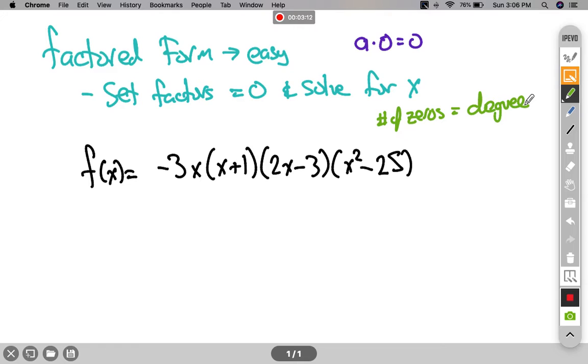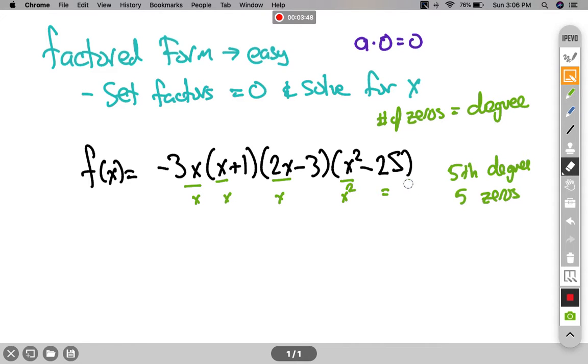We will look at some cases where it might not be true, but we're not going to worry about that right now. So a rule of thumb: I have x times x times x times x squared, which is 1, 2, 3, 4, 5, so x to the fifth. This is fifth degree. I expect 5 zeros. That's just a good thing to look at before we get started.